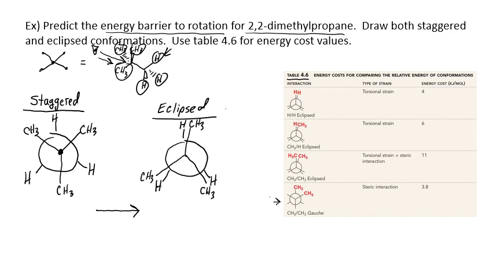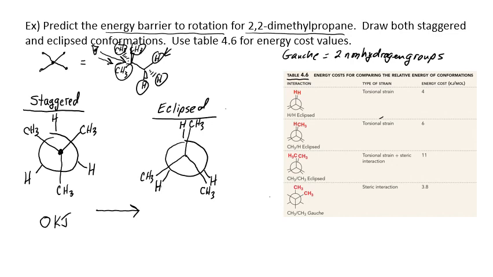If you have a hydrogen and anything else, it's not gauche. Gauche means you have 2 non-hydrogen groups that are 60 degrees apart in a staggered conformation. So basically, let's consider this a 0 kilojoule energy cost because nothing in our staggered conformation costs any energy based on the table.